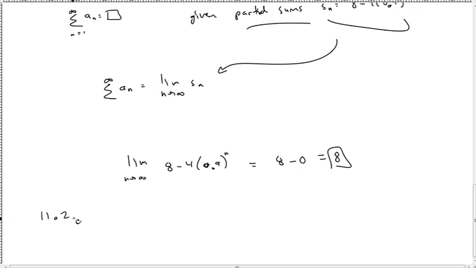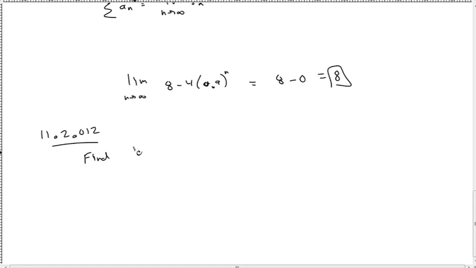11.2.012. So it says find 10 partial sums for the summation from n equals 1 to infinity of cosine of 6n. And then they're going to ask if it converges or diverges and stuff like that.